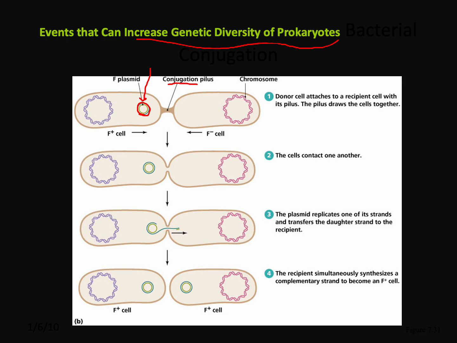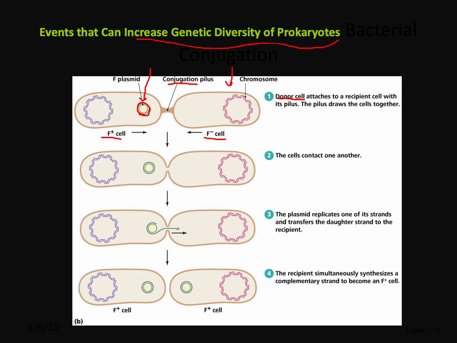And whenever an organism has a plasmid present, it is called the F-positive cell. It has the plasmid. An organism without the plasmid is the F-negative cell. You can also call the organism with the plasmid the donor cell. And then the organism it's giving the plasmid to is the recipient cell.